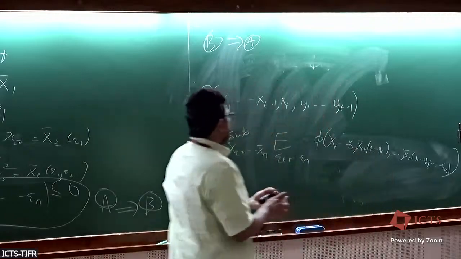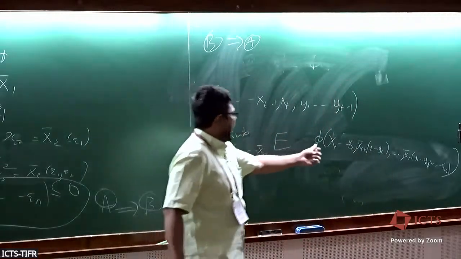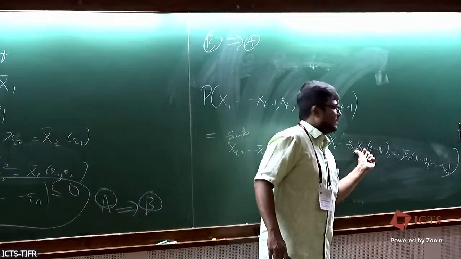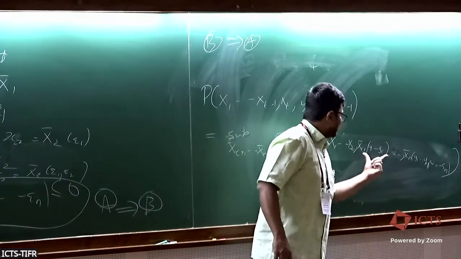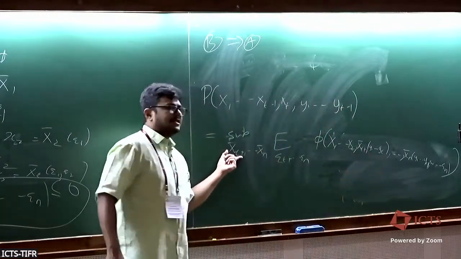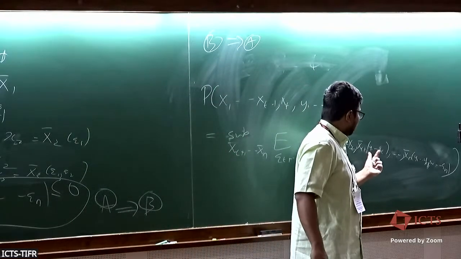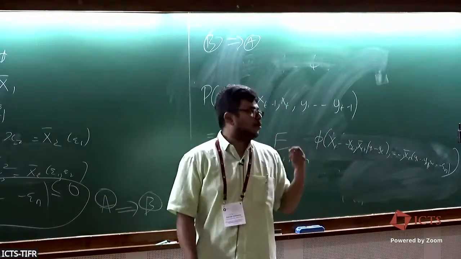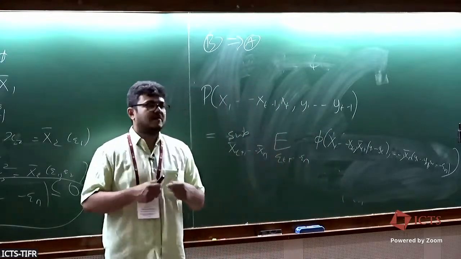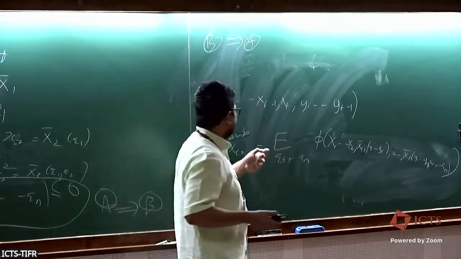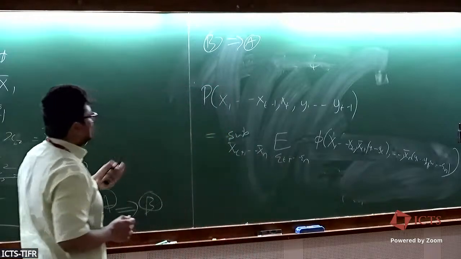Okay, so what we're going to do is for the x1 up to xt, plug in x1 up to xt. But then for the future guys, take the worst case tree and plug in x bar t plus 1, where the first t bits are going to be the y's that were played, and the remaining are going to be the epsilons that you generate. Okay, and let's define this as p of x.